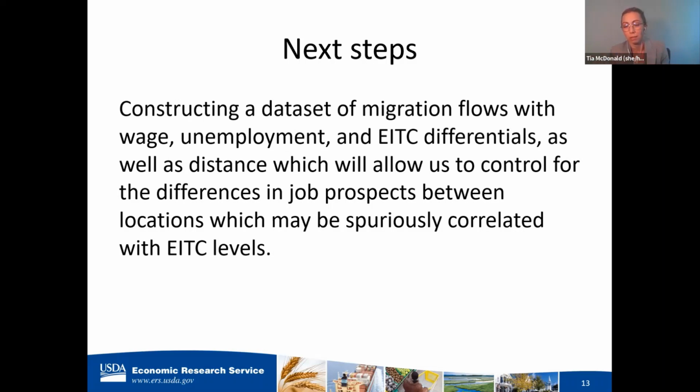It'd be pretty easy for somebody to hop just over the border to another state and take advantage of their EITC. So yeah, absolutely, distance is on our next steps, and also these arbitrary borders, basically. Yeah, I think this is awesome.